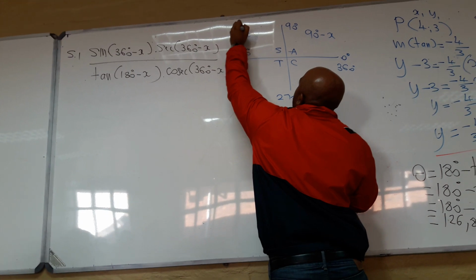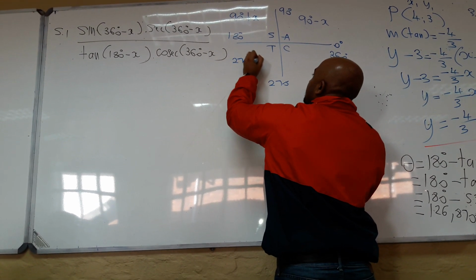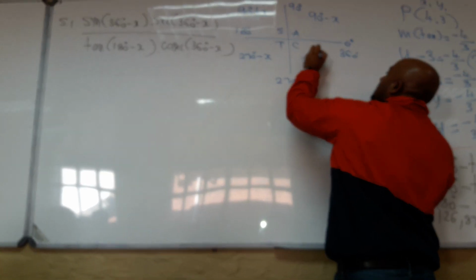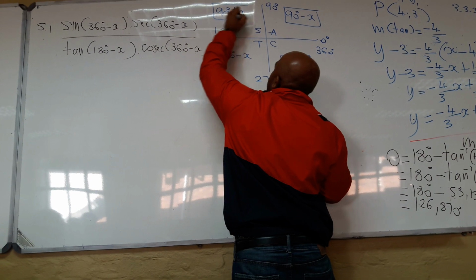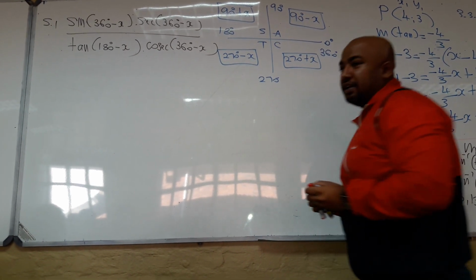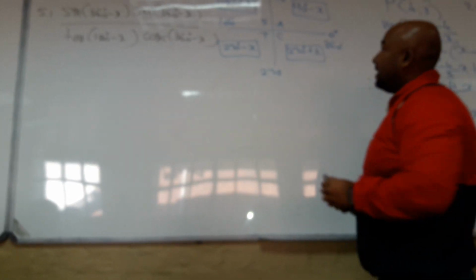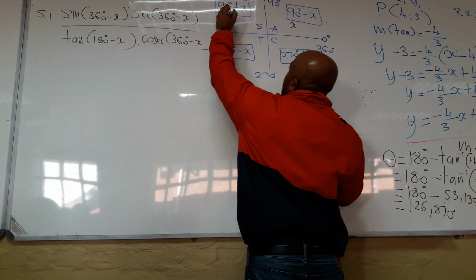That will be 90 plus. This will be 270 minus and 270 plus. These are for co-ratios. Okay, that's for co-ratios. Then we have just x here.